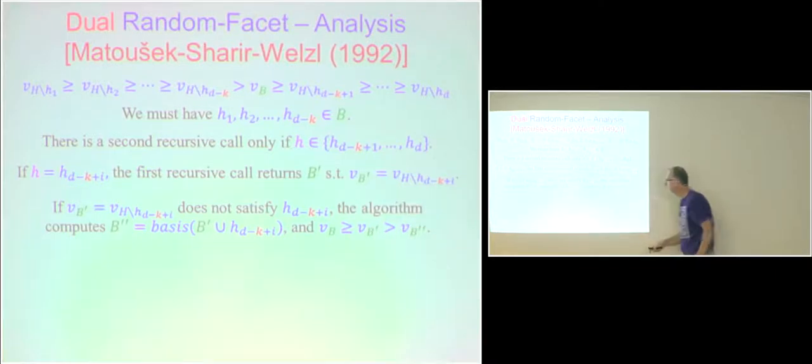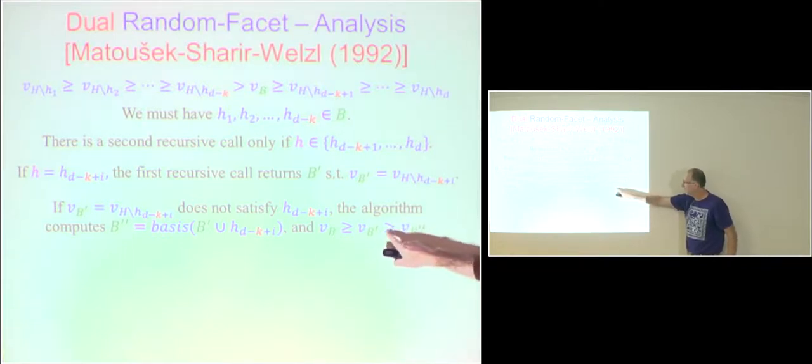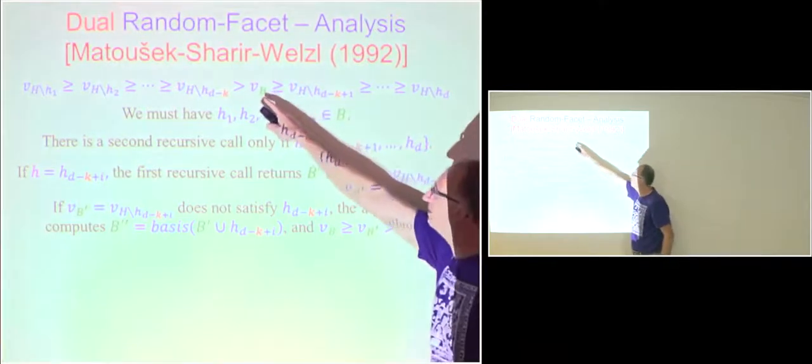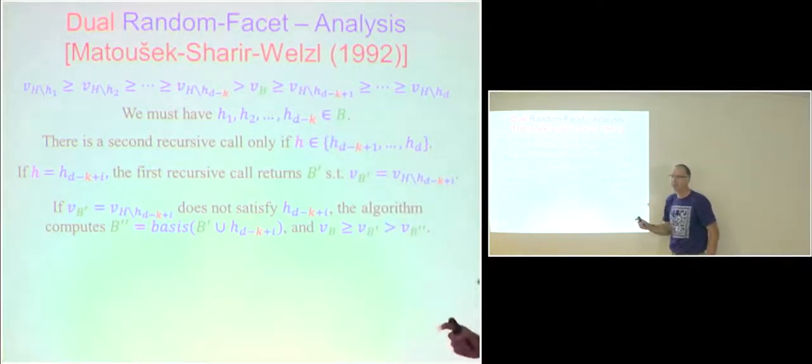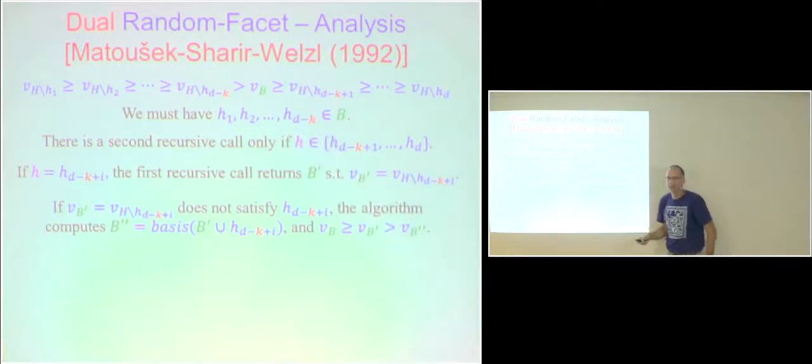But what do we know in that case? We know that v of b double prime is strictly better than v of b prime. So what does that mean? What happened to the hidden dimension, defined, if you remember, according to this list of inequalities?